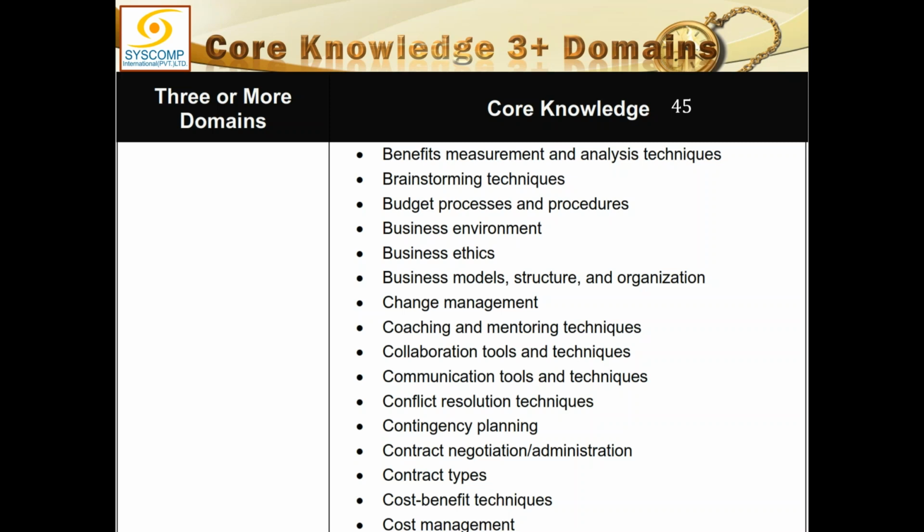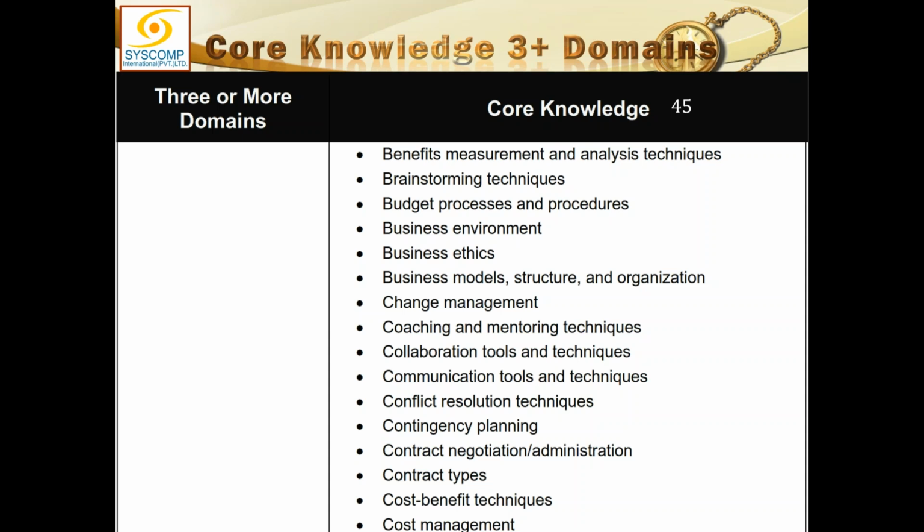Then we have budget processes and procedures. Naturally, we are dealing with the higher level, so we talk about the budget and finances. We are giving more importance there. Business environment, business ethics, business model structures and organization, the concept of change management at the organizational level, as well as at the program and project level, which I explained earlier as well.